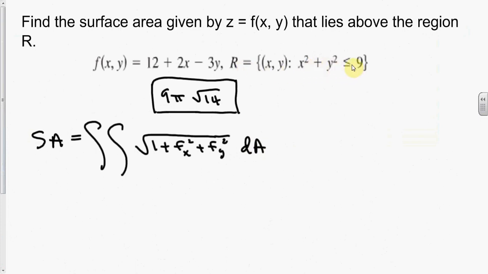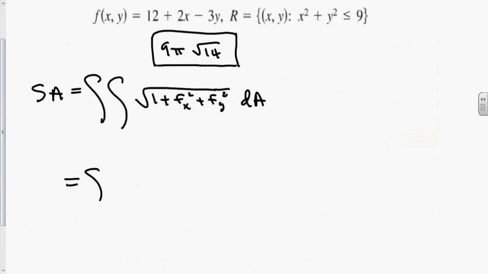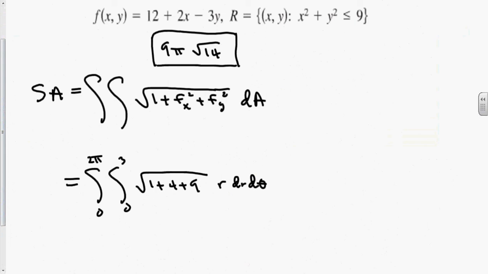It's a complete circle, right? It's the square root of 1 plus 4 plus 9 times r dr d theta.